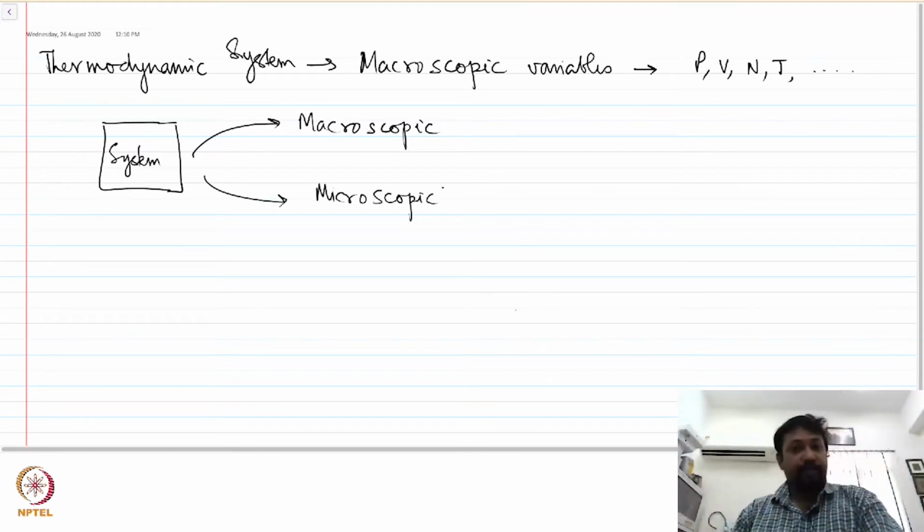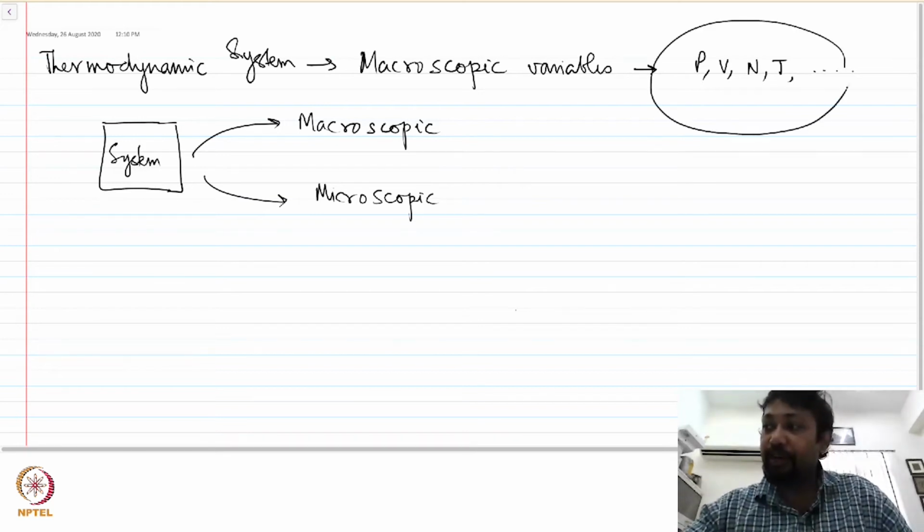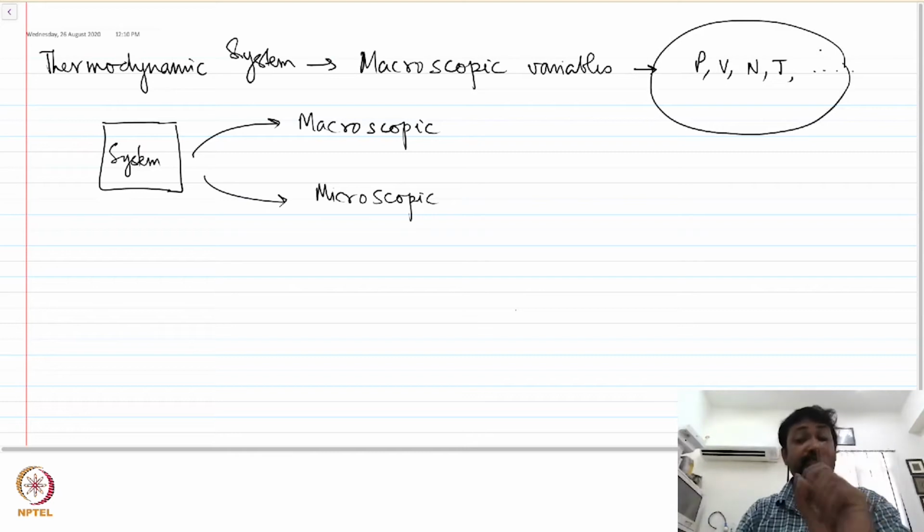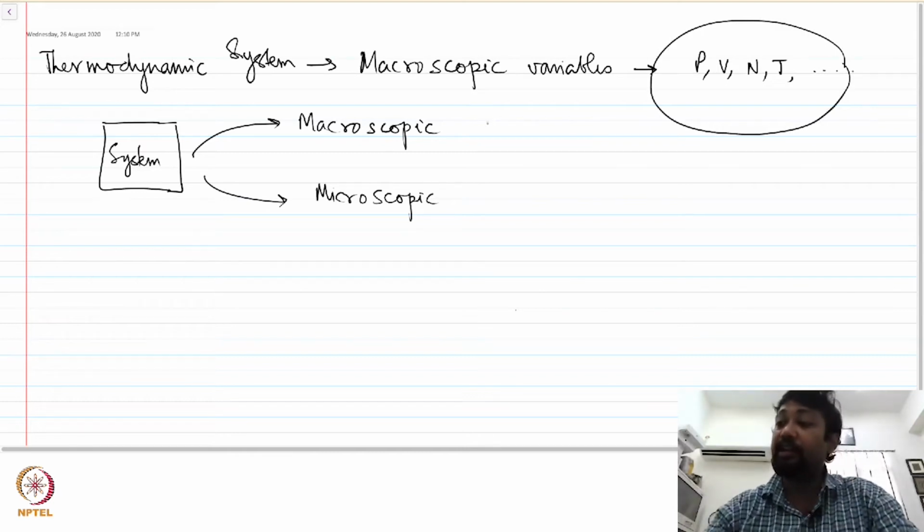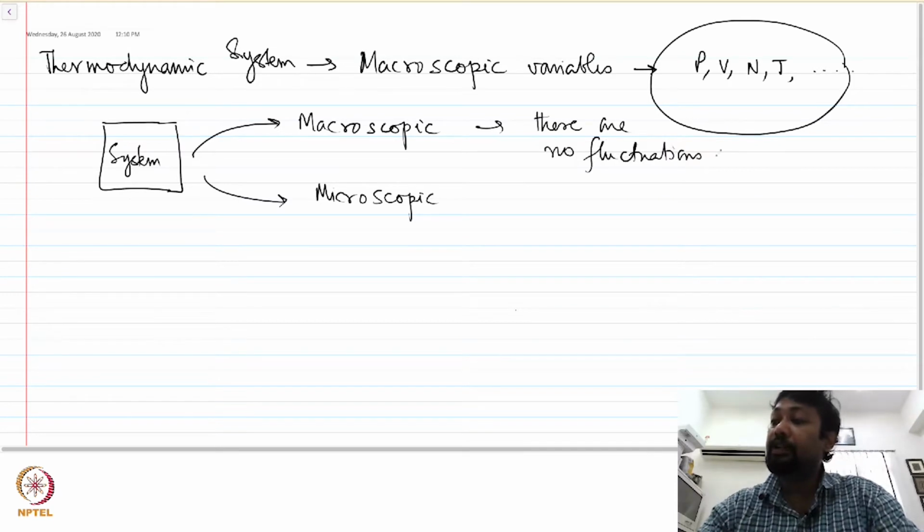A macroscopic perspective, as we just defined, is essentially looking at the system as a whole, but not zooming into the system. Now, all these macroscopic variables that we have written down over here have a very interesting characteristic, in the sense that there are no fluctuations in the system, in these parameters or in these variables.